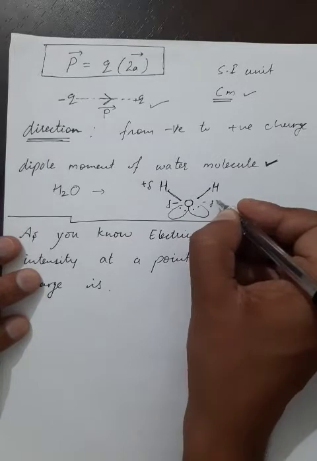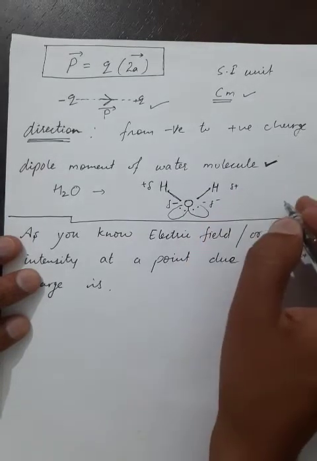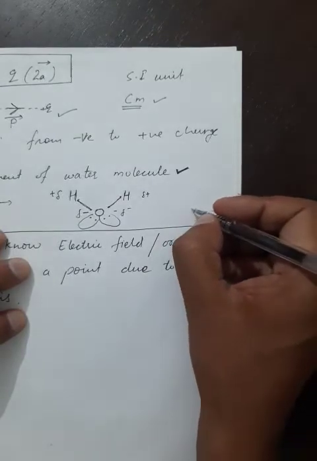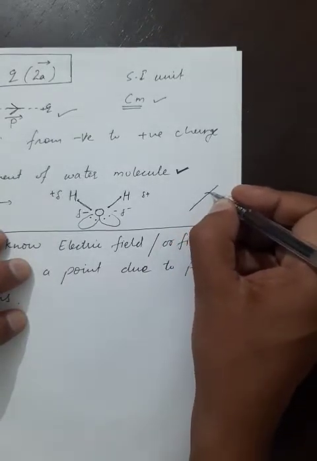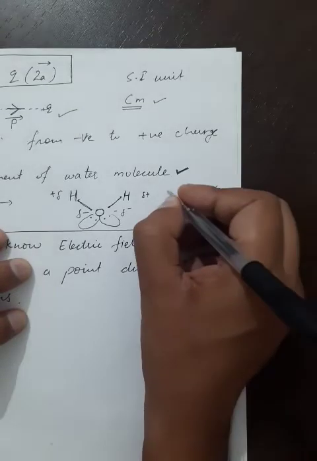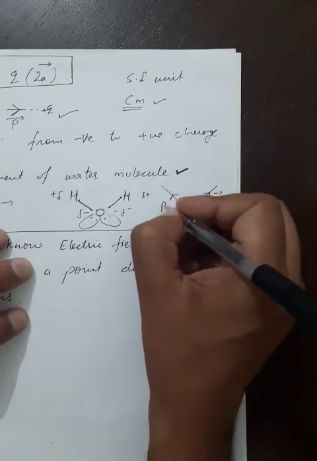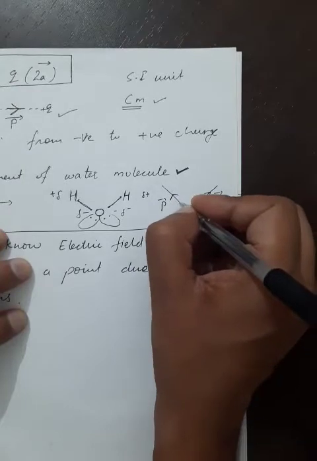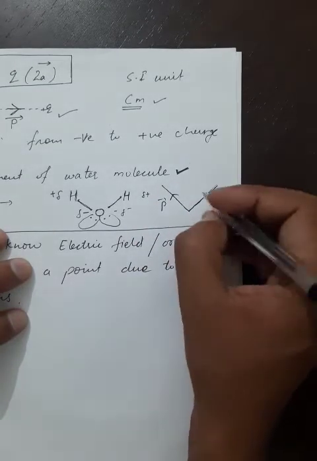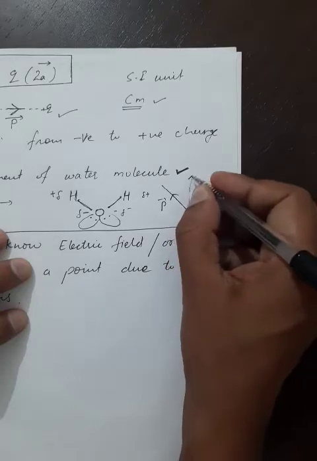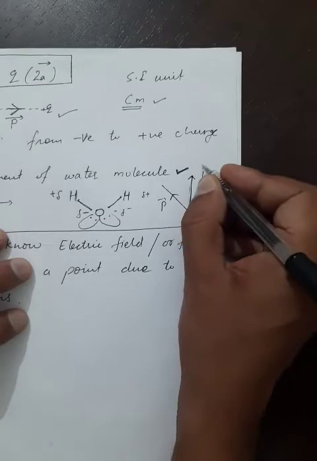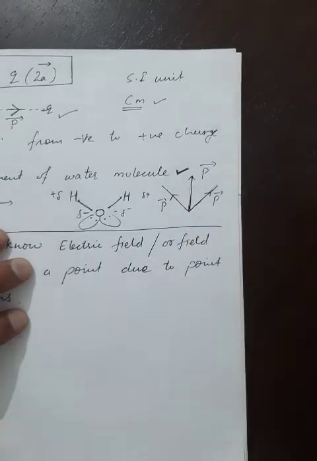Similarly on this side, so the dipole moment is from negative to positive charge. For one OH bond, this is the dipole moment, and similarly on the left side also, this is the dipole moment. Now the resultant of these two vectors p will be along this side. So this is the resultant dipole moment for the water molecule.